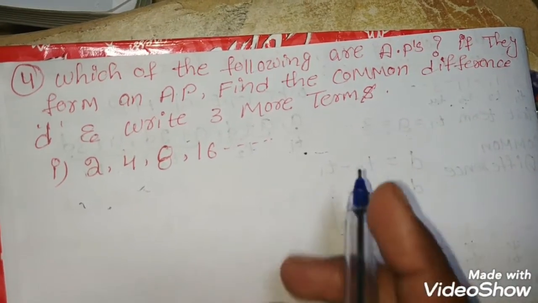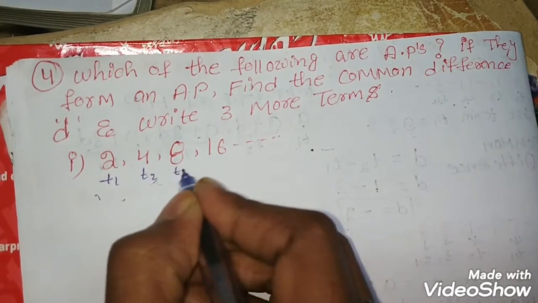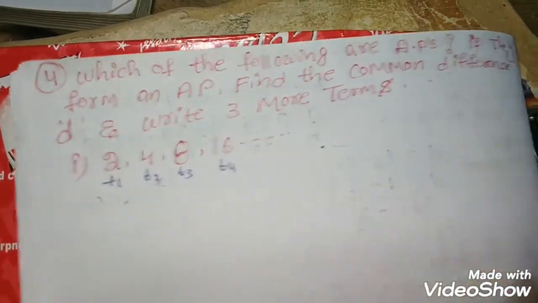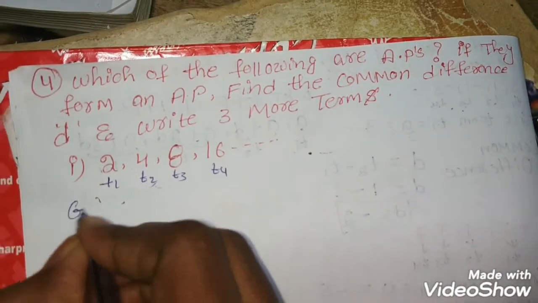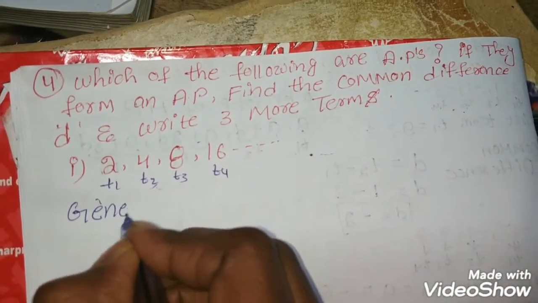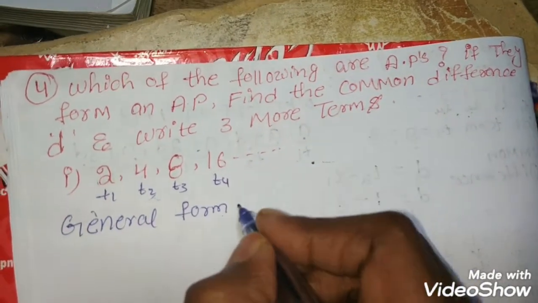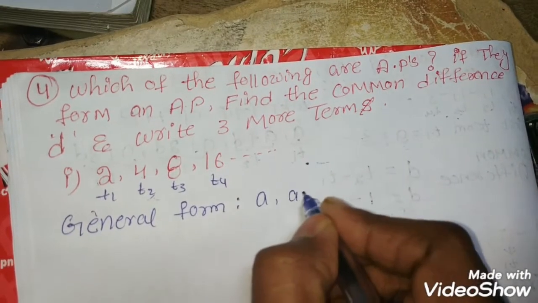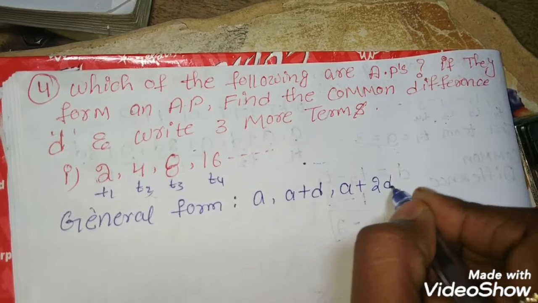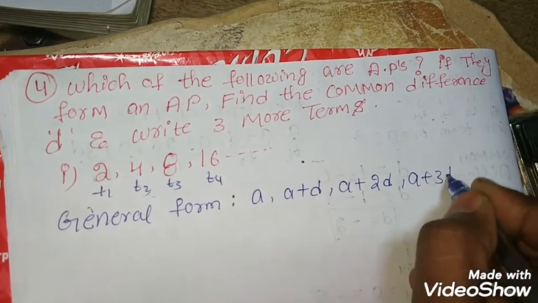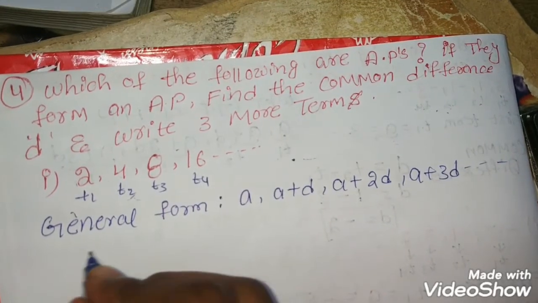See here, you can write term 1, term 2, term 3 up to term 4 they have given, and so on. We have an infinite series. So write the general form. Okay. General form of arithmetic progression. What? A plus D, next A plus 2D, A plus 3D and so on. Okay. So what we have to write?